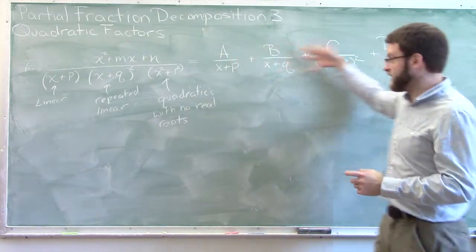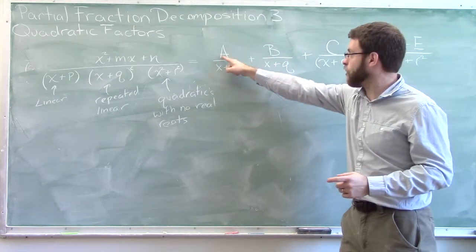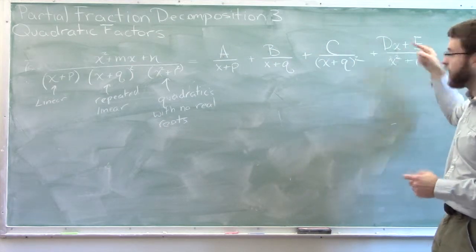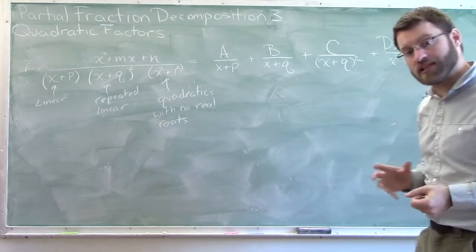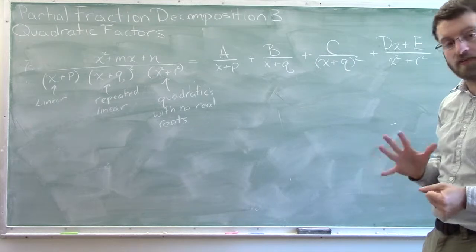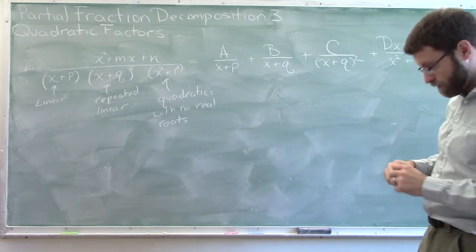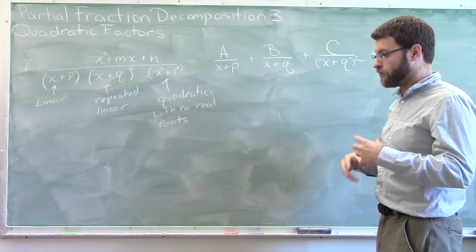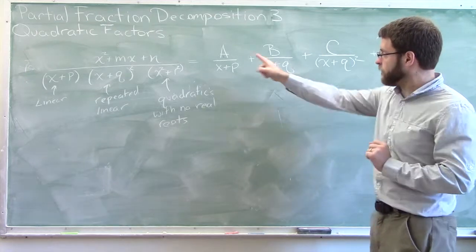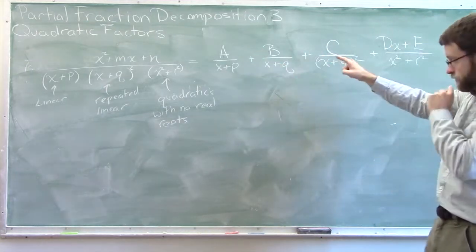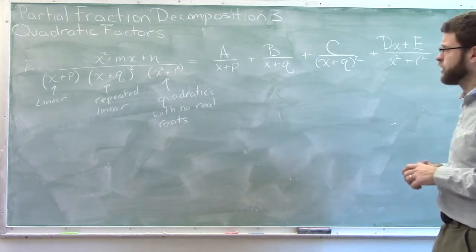So in this particular example, we have 1, 2, 3, 4, 5 parameters. So we would need to select 5 different values of x in that polynomial equation that we could use to get information about each one of these parameters.